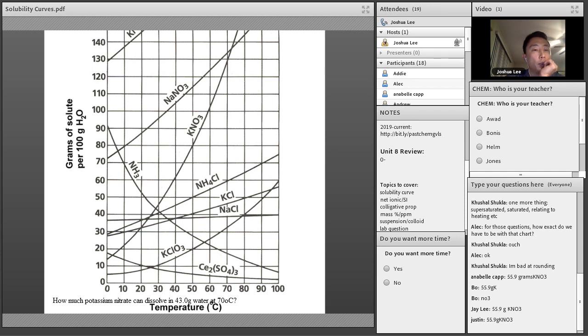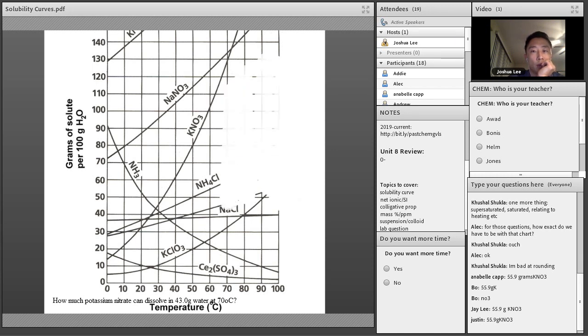So you're going to set up your proportion. I'm going to get rid of some parts that we don't need. So it's what, 70? I just need some room to work.